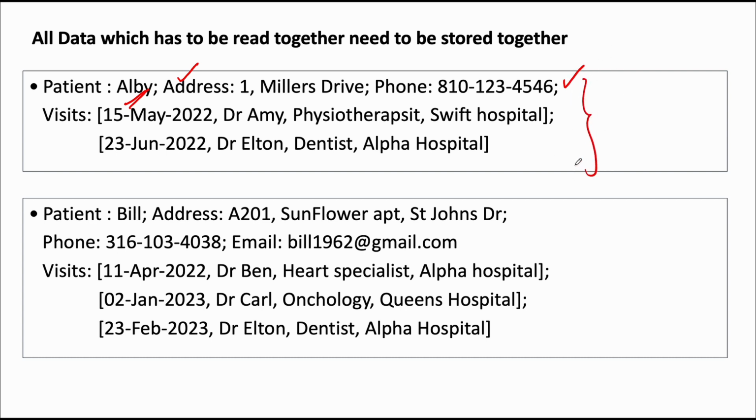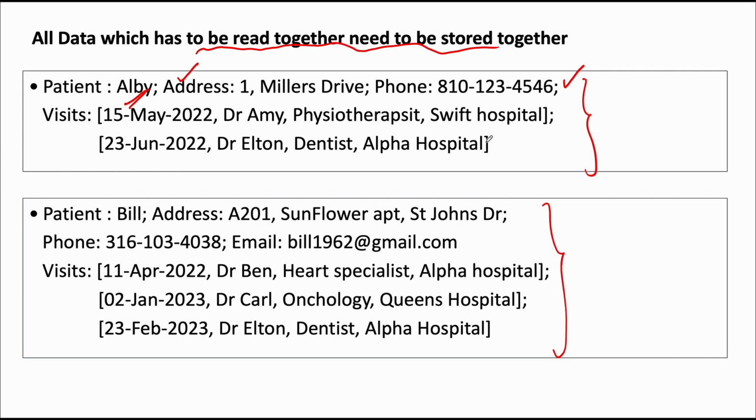It should not be stored in 5 different tables, but in one single storage location. So that was the first paradigm change brought in by what we now know as NoSQL databases. The basic principle is that all the data which has to be read together needs to be stored together. So that is the first principle.